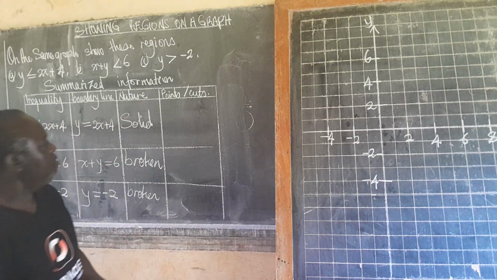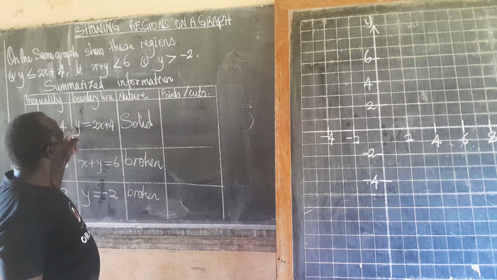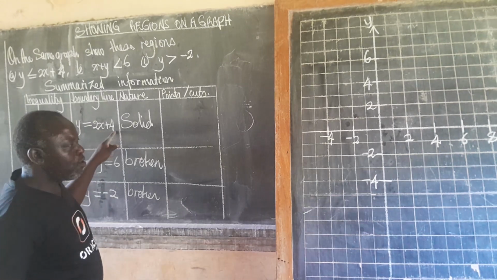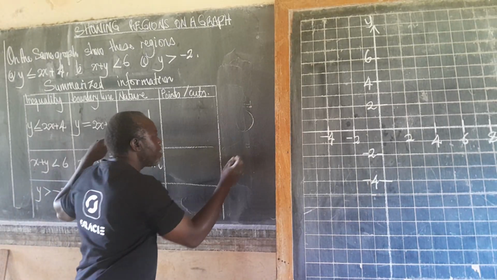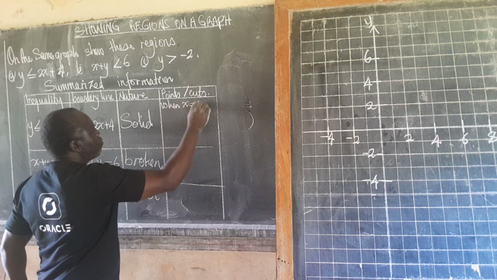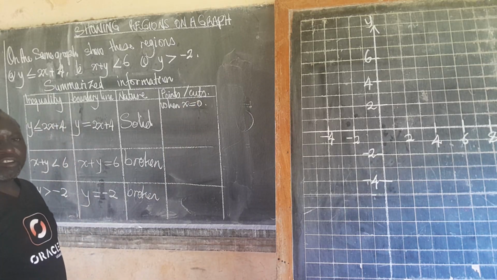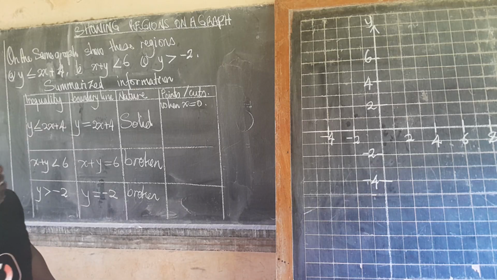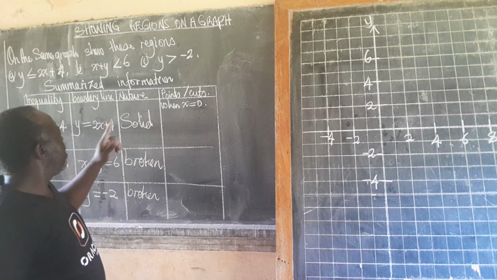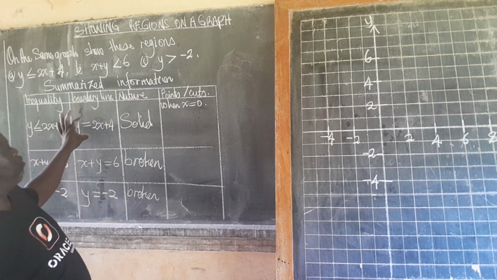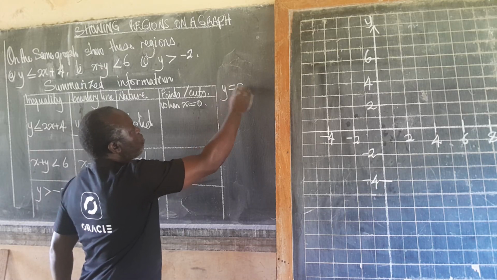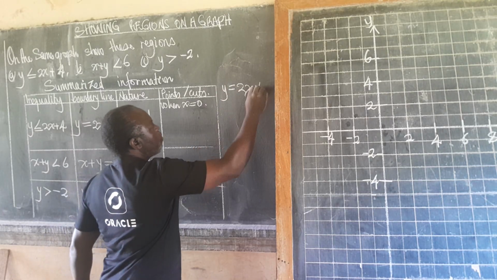Now here we are. When it comes to this one, y equals 2x plus 4, we are going to say that when x equals 0, we substitute into this, and our y is going to be 2x plus 4.